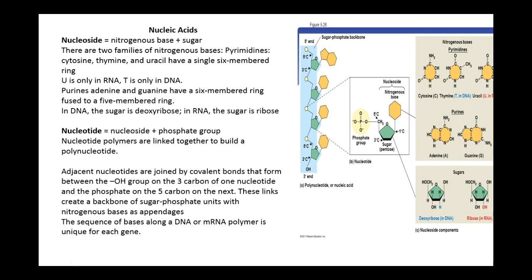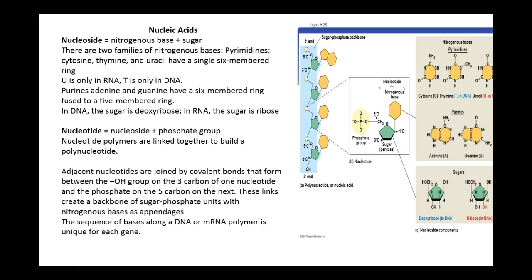And then you have purines, which are adenine and guanine, a 6-membered ring fused to a 5-membered ring. So it's a much larger molecule because you have two rings fused together. And then you have your two sugars at the bottom, your deoxyribose and your ribose.